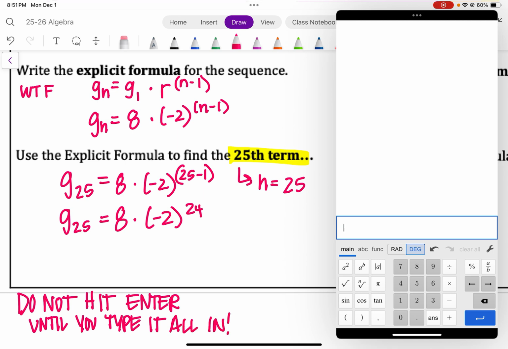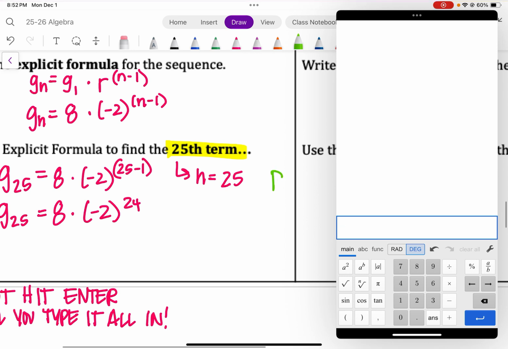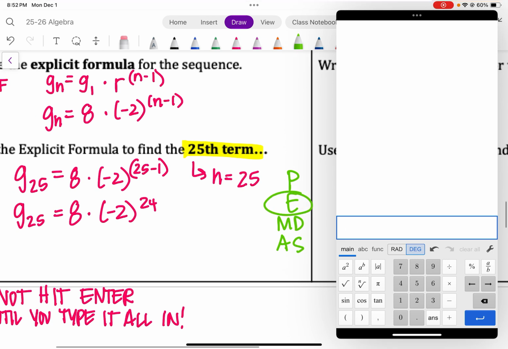If you did that, you would be ignoring order of operations, and order of operations tells us that we have to evaluate the exponent first. So when you type this, you're going to type in 8 times negative 2 exponent 24. That's giving me a super big number.